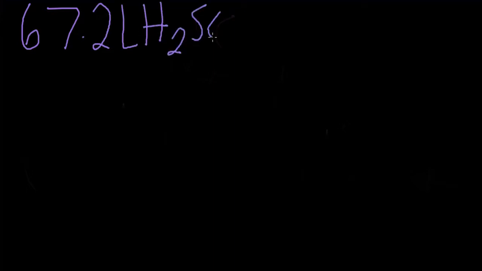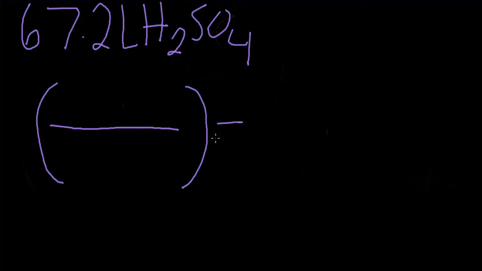For this question, we're going to be going from volume to moles. So we will be using 67.2 liters of H2SO4, and we're going to be multiplying it with 1 mole as the numerator and 22.4 as the denominator.